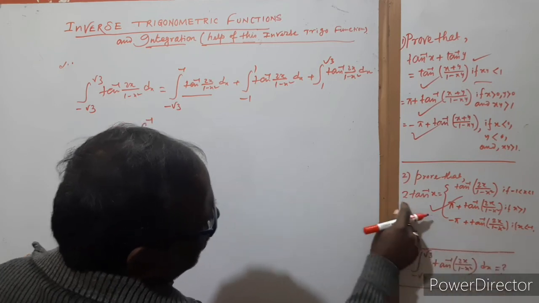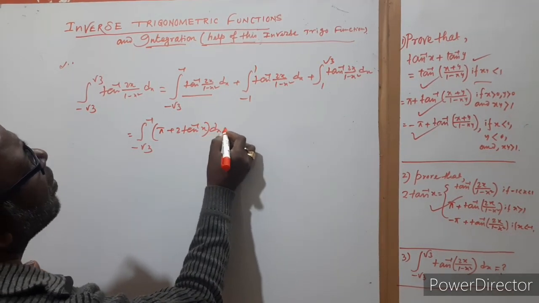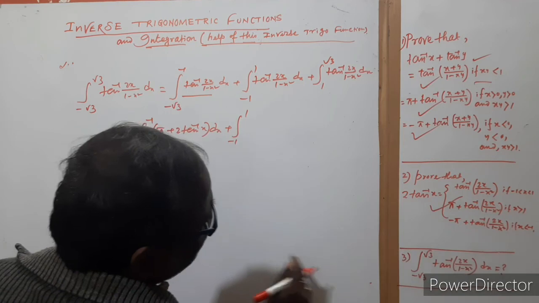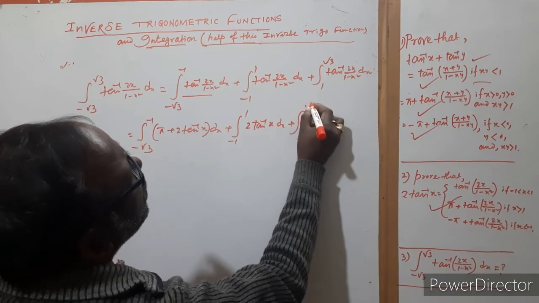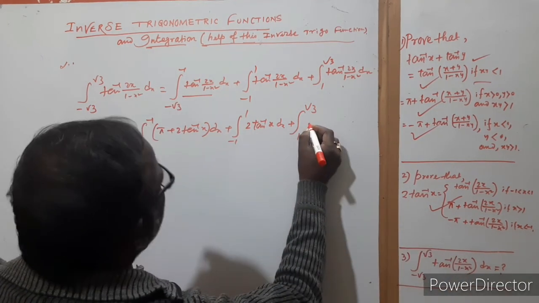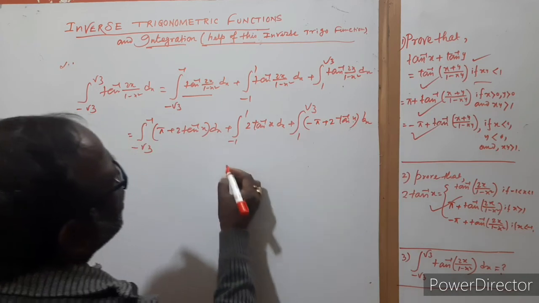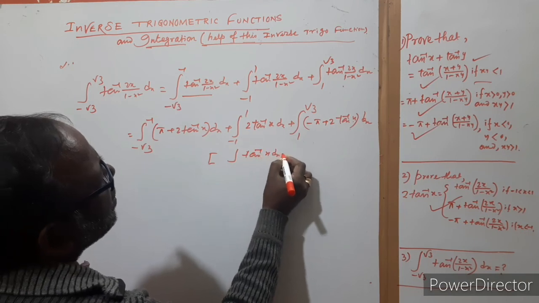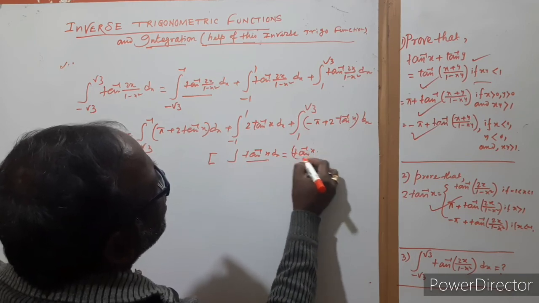So this value is equal to pi plus 2 tan inverse x, okay, and minus 1 to plus 1, this is equal to only 2 tan inverse x dx, and 1 to root 3, and this is more than 1, this is equal to minus pi plus 2 tan inverse x dx, and now we need to integrate tan inverse x dx.